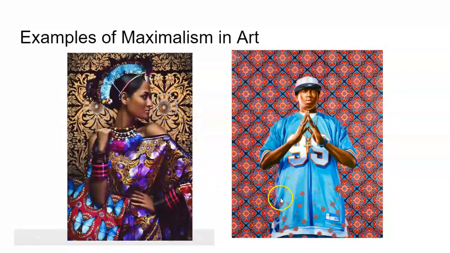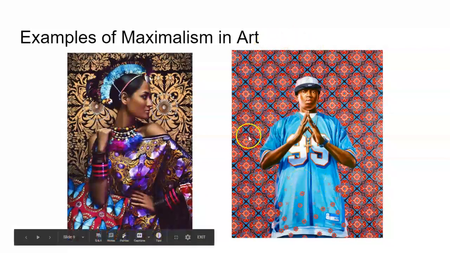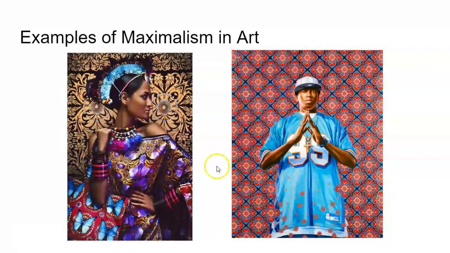And then on the right, you have a more simple portrait of a person. It's very realistic, just like you did with the little candies. But the background has this really heavy pattern, and the pattern is actually breaking out and coming over and starting to take him over too, down here at the bottom.